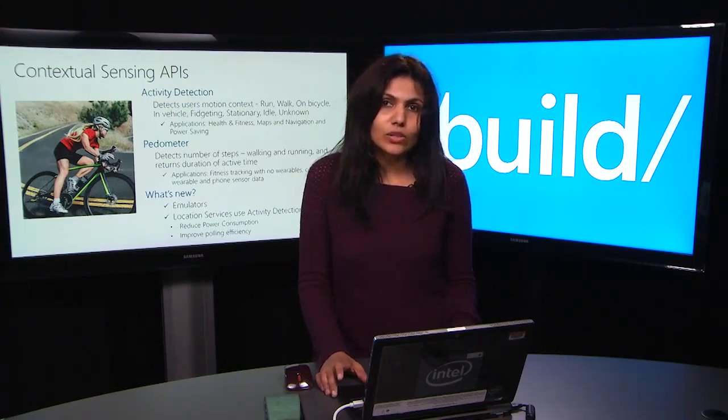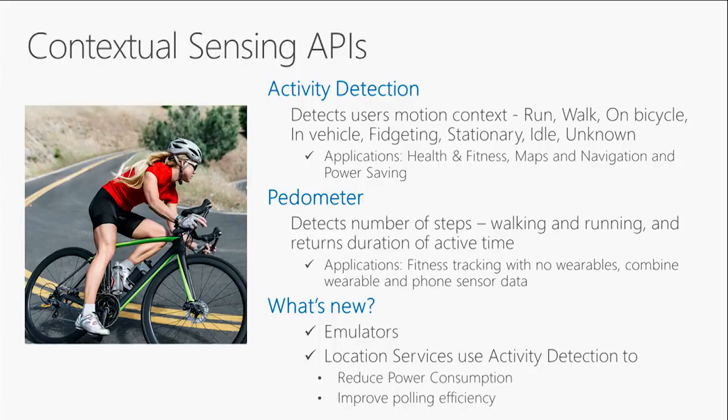The other API is pedometer, and this is equivalent to the Lumia Sensor Core steps API. It counts user steps, both walking and running steps, and it also tells you the duration of the active time the user has been in.